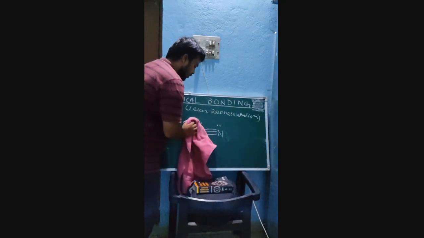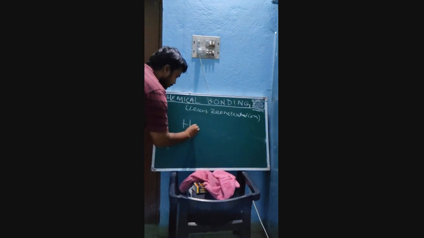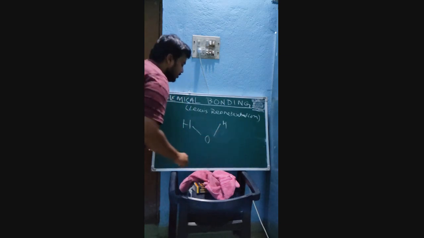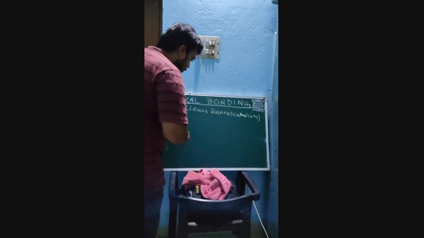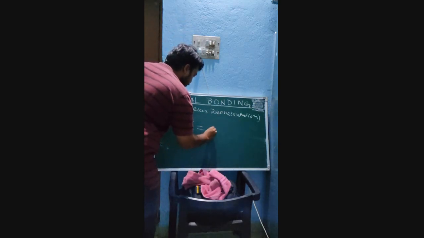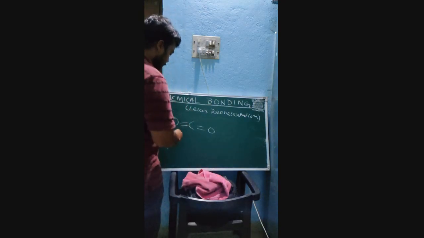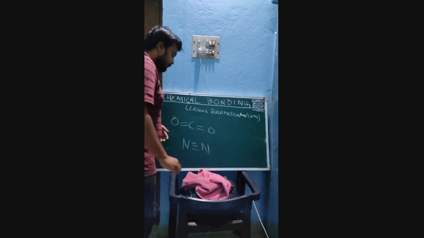So you have learned about the single covalent bond, that is for H2O. It's a single covalent bond. Then you have learned about the double covalent bond in CO2. Then the triple covalent bond in N2.